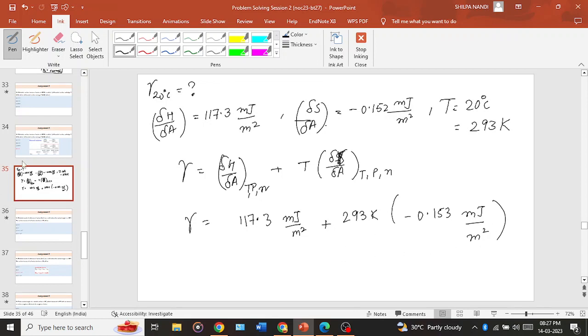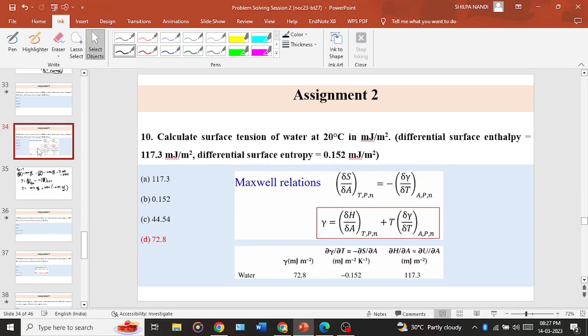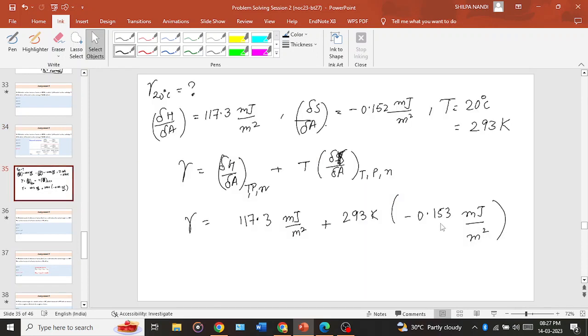So this minus 0.152 also has the unit K with it, right? So K will cancel also. Now the gamma will come as around 117.3 plus minus 44.536.